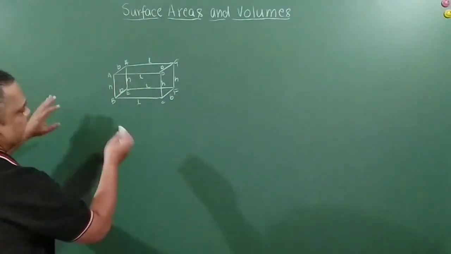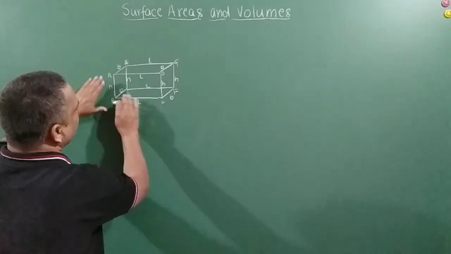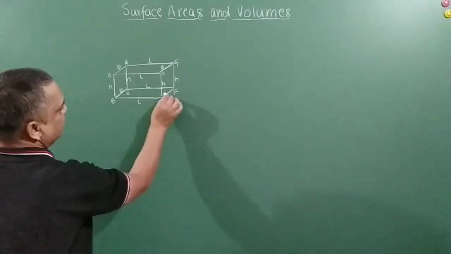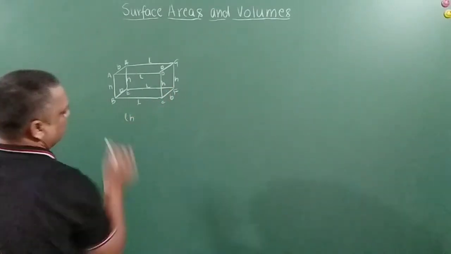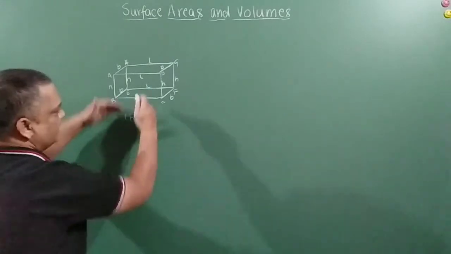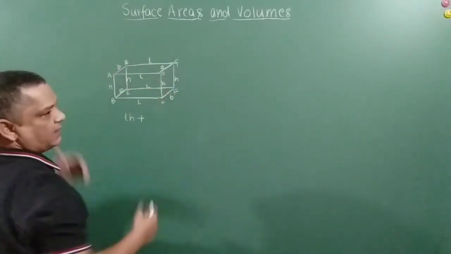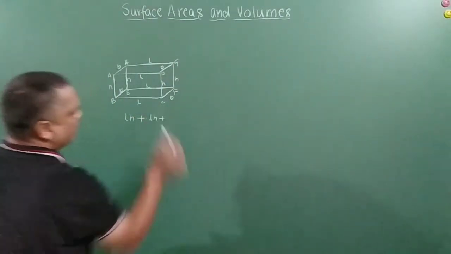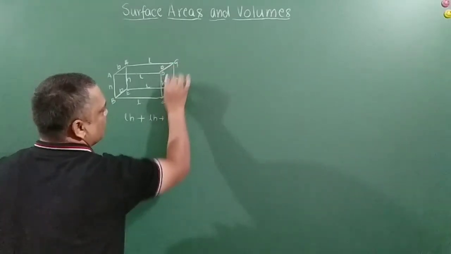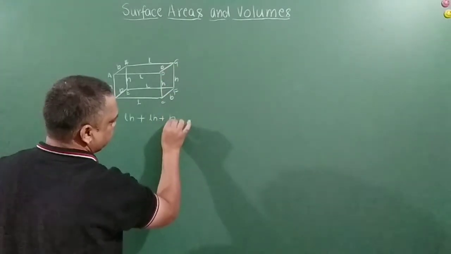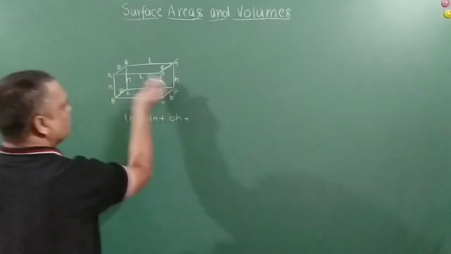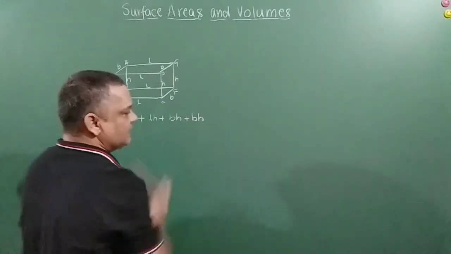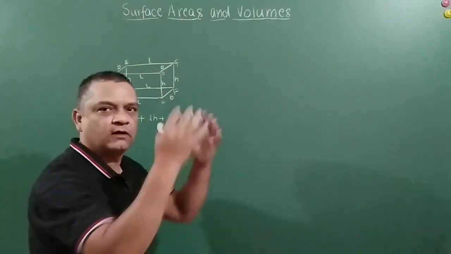So that means one lateral surface is ACDA, correct? So that is L into H, plus one similar face on the other side, that is again L into H. Plus this is another wall, which is B into H. Similarly, you have one on the other side also, that is equal to B into H. So sum of all this is called the lateral surface area of a cuboid.